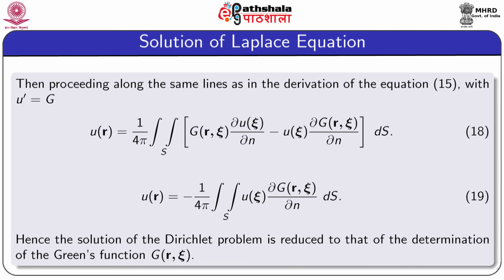In equation 18 we put G equals 0 on S. So, u r equals minus 1 by 4 pi surface integral of u del G del n ds. Hence, the solution of the Dirichlet problem reduces to the determination of Green's function capital G. In this solution, we do not need to know the value of the normal derivative of u on the surface S.